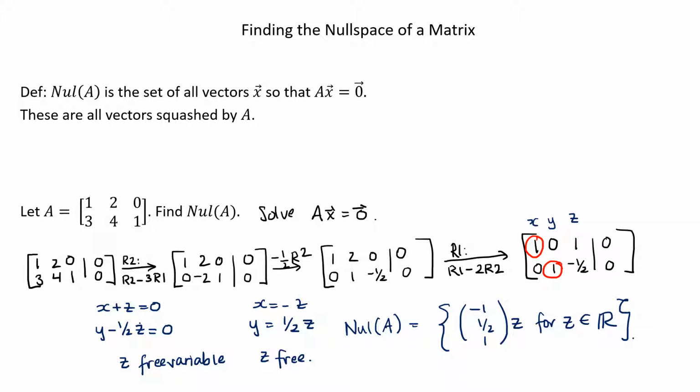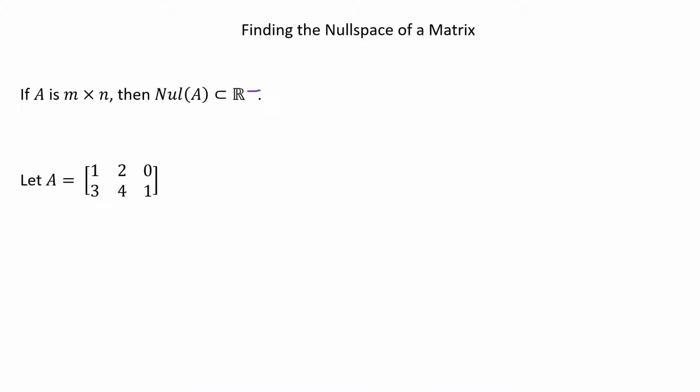Notice these are all just multiples of one vector, so this represents a line in R3. So you see that we already have lots of experience with finding the null space of a matrix. All we're doing is solving the homogeneous equation and writing our solution in parametric form.